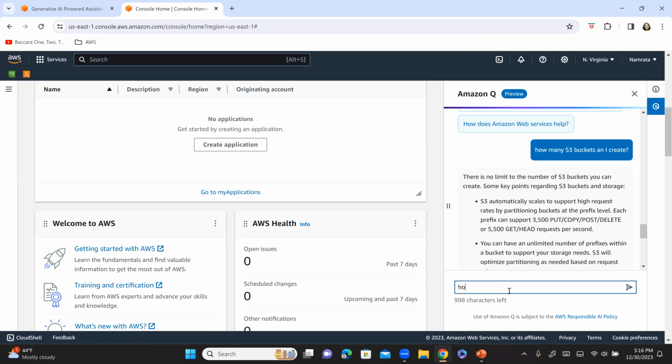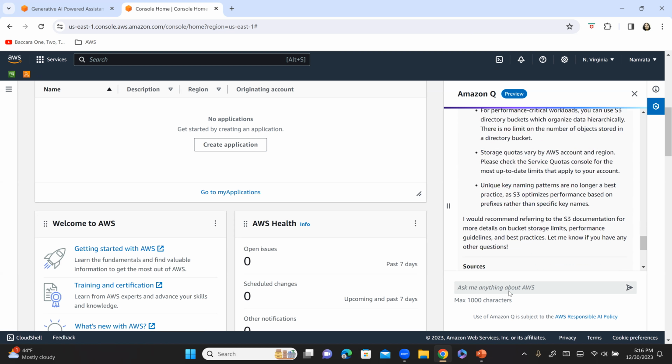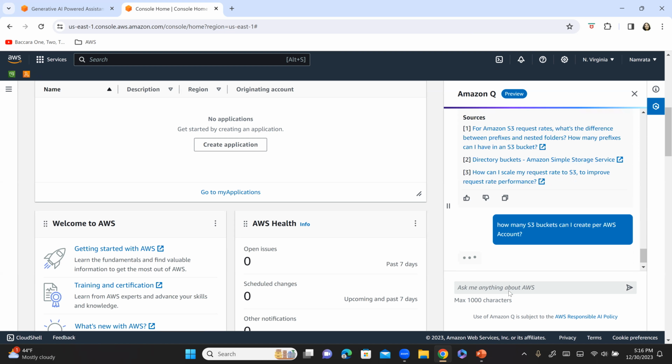That is missing in this particular response. So let me try and see how many S3 buckets can I create per AWS account. Just like with ChatGPT, ask the question in a way that it can understand. Hopefully this gives us a better response.